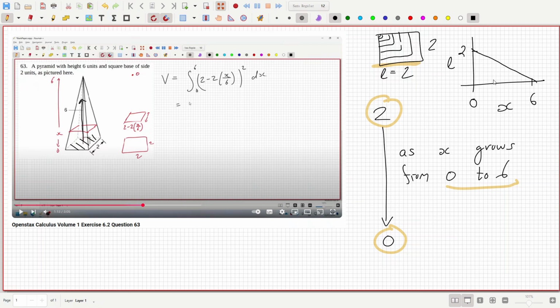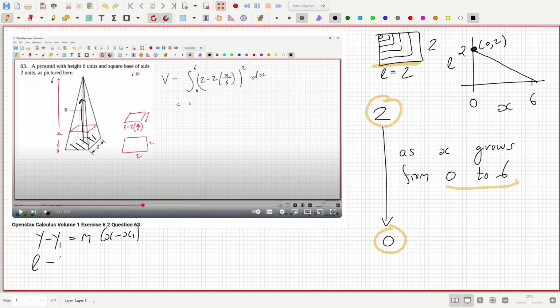Now from coordinate geometry, you can get a formula here. It's y minus y1 equals m times x minus x1. So y is actually L. L minus, and we might as well use this point here, the point (0, 2).